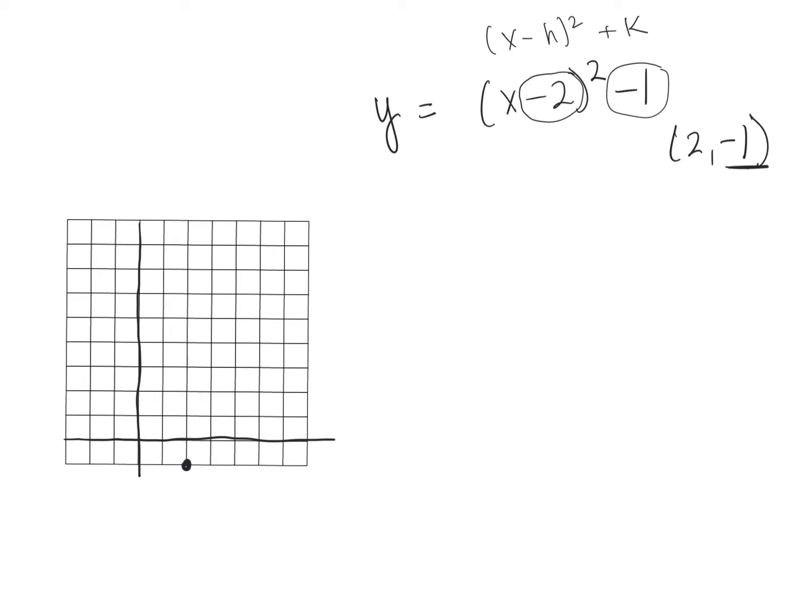There's my vertex. This has nothing here, so a is 1. So I just go over 1 from here, up 1. Then I go over 2 from my vertex, up 4. Then I go over 2 the other way, up 4.